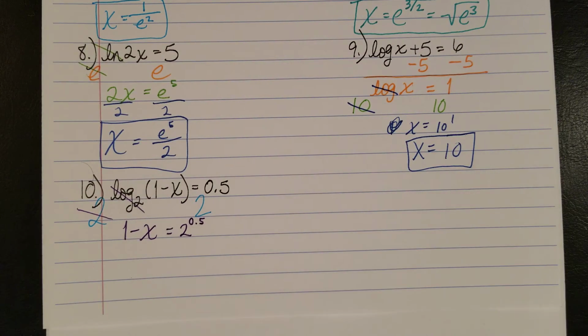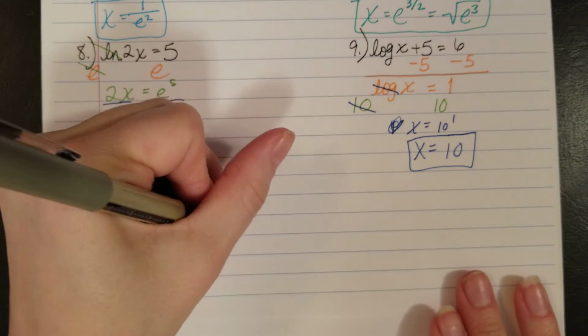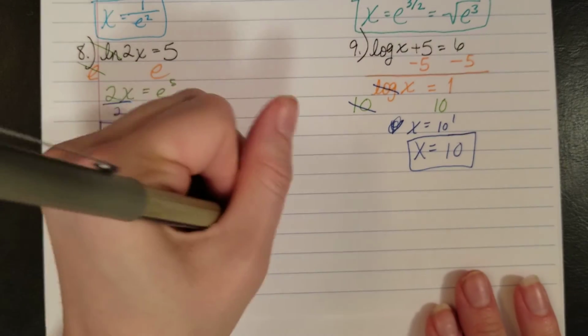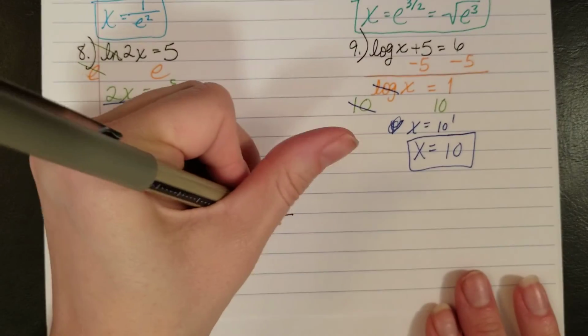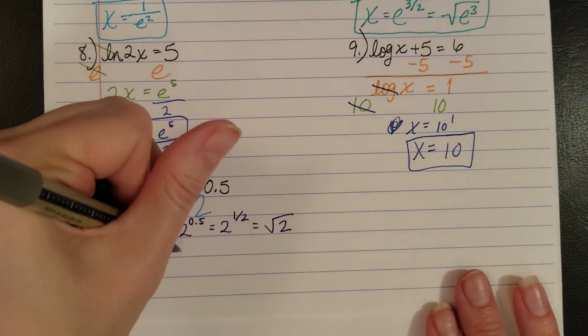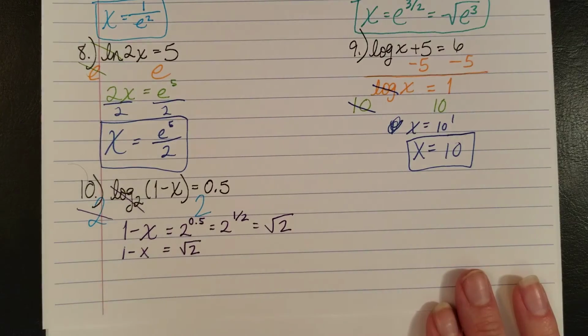So 0.5 is the same thing as a half. So that's the same thing as saying 2 to the power of 1/2, which I know is the same thing as saying the square root of 2. So I have 1 minus x equals the square root of 2.